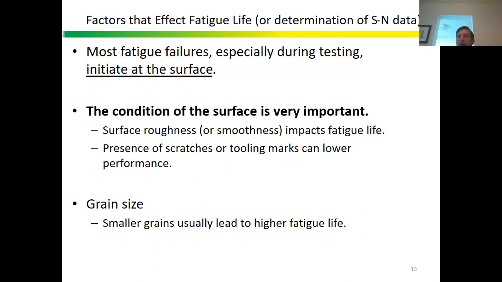And it's interesting that if we have groups of students who don't polish the samples and students who do, we should see a difference. The reason is that since cracks form at the surface, the condition of the surface is very important. If you have a lot of tooling marks, scratches, gouges, corrosion pits, that can really change the fatigue life. It lowers it, often significantly, okay?